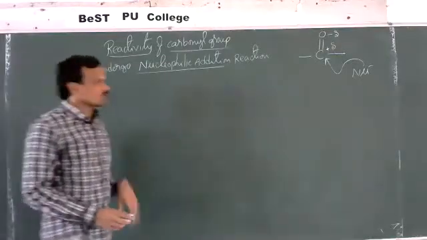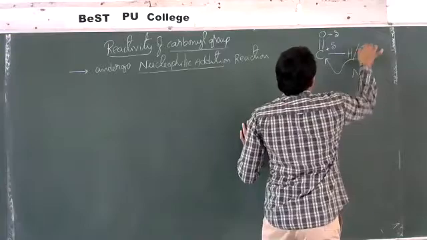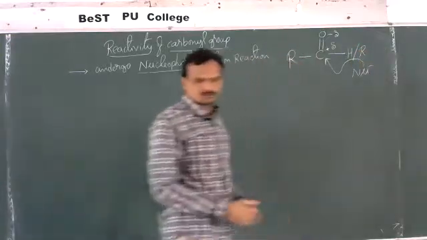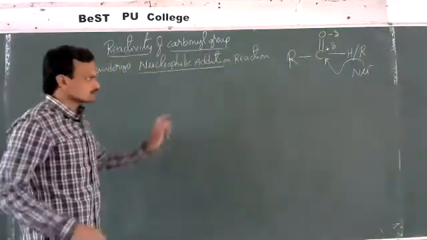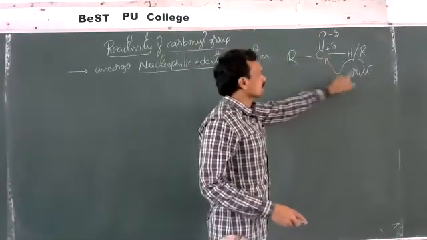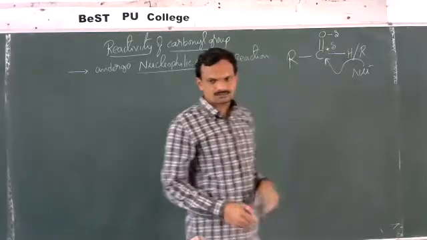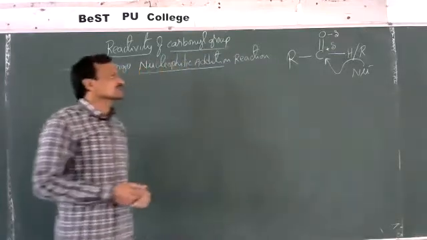Next, one more factor is here, alkyl, either H or R. And one more factor that can decide the reactivity of this carbonyl group is steric hindrance. So what about steric hindrance?